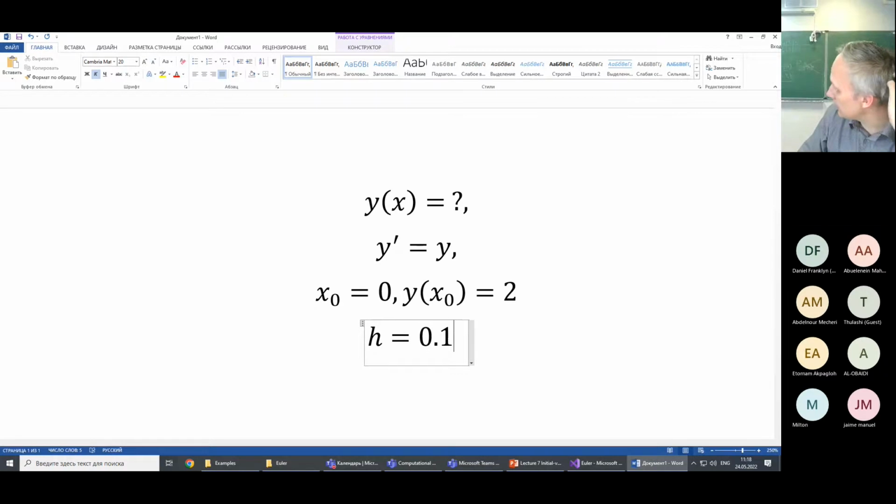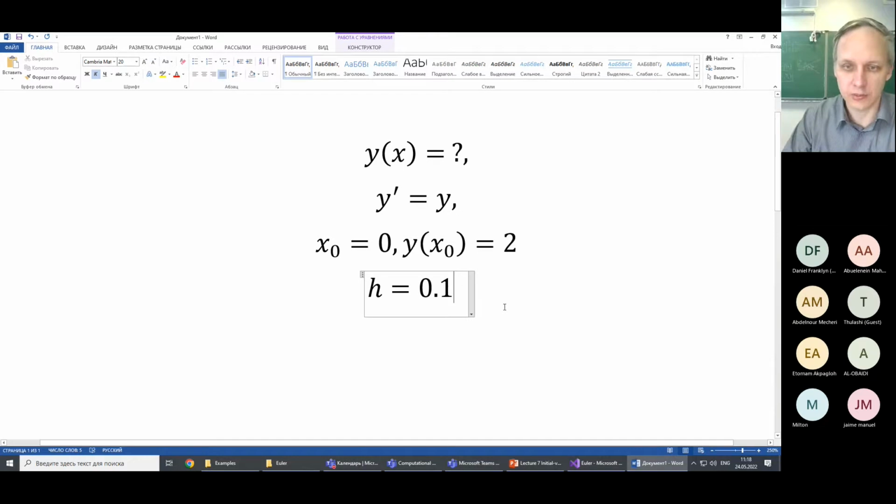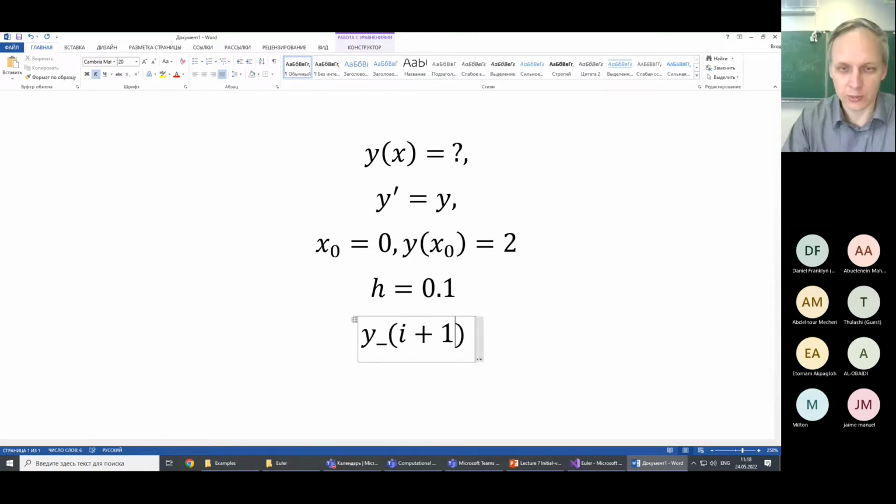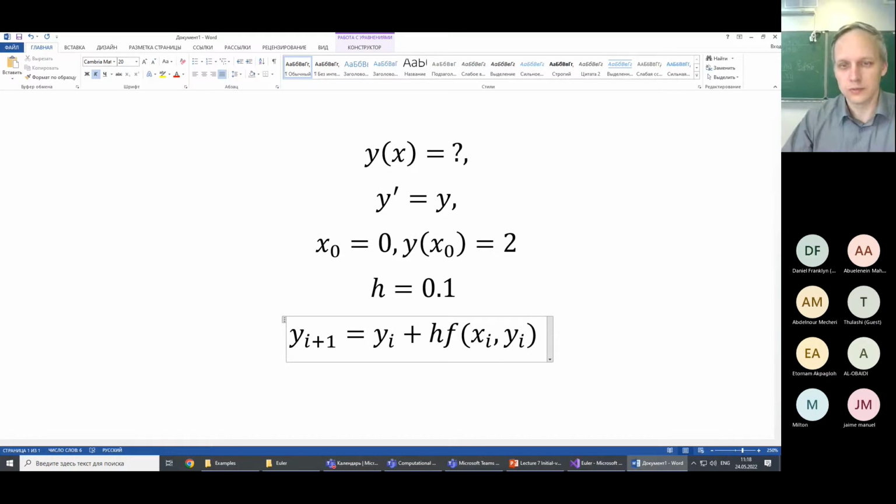Let's solve this equation using Euler's method. And let me repeat the main equation for Euler's method. y i plus 1 equals yi plus h times f of xi, yi. If we know x0 and y0, we can compute y1.